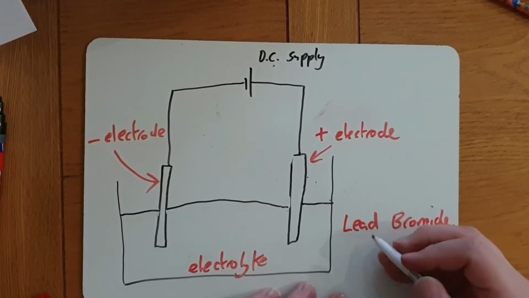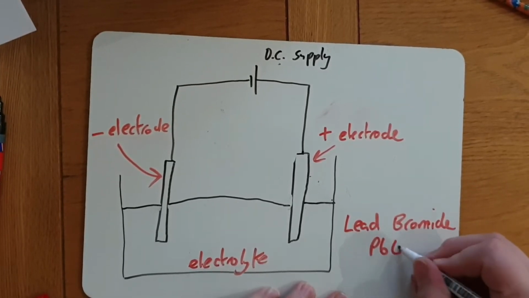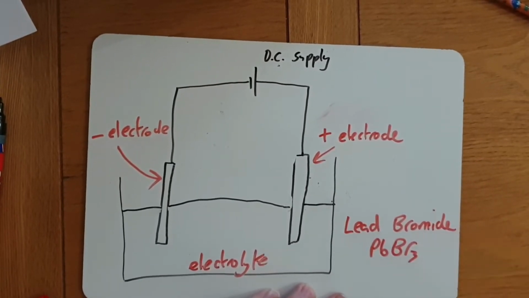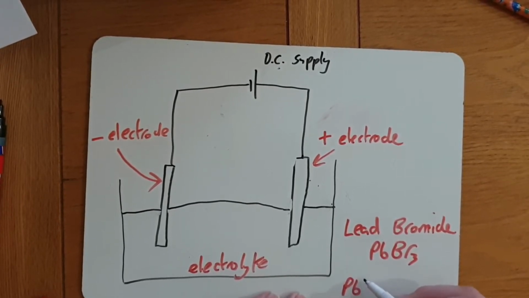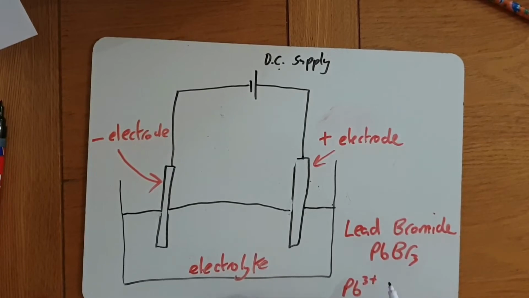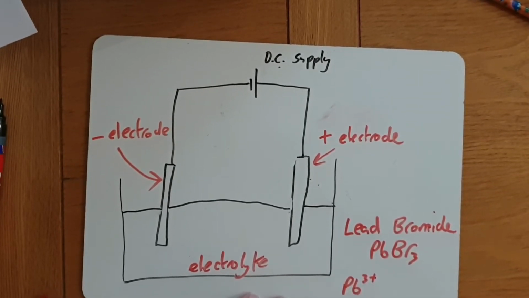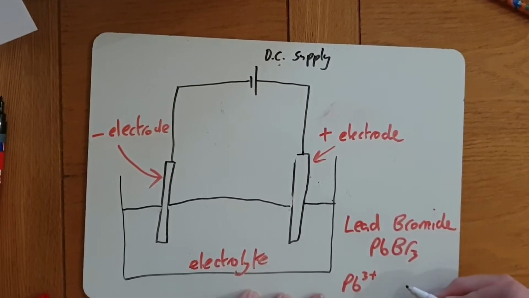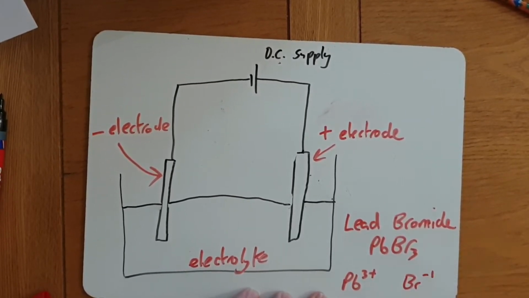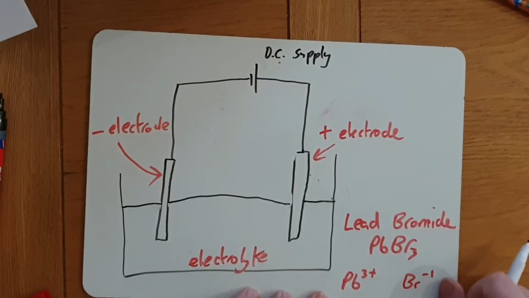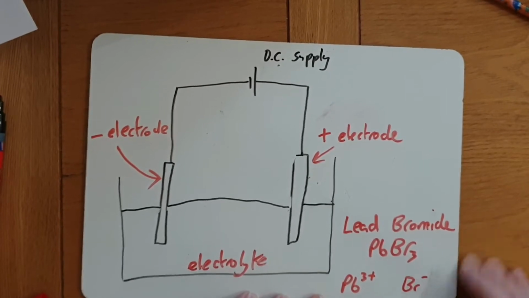So lead bromide, lead is Pb, bromine is Br, it's PbBr3 because it's made up of Pb3+, so that's an ion of lead which has a positive charge of +3, and it's made of Br-. Remember that is technically -1, but scientists are really lazy so we don't write the 1, we just write it as a minus.